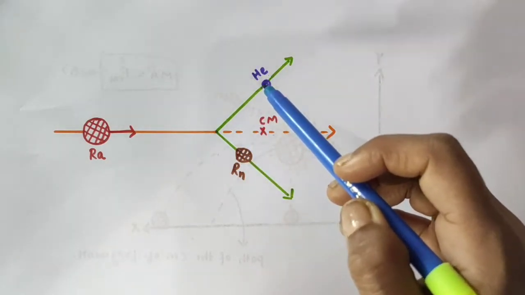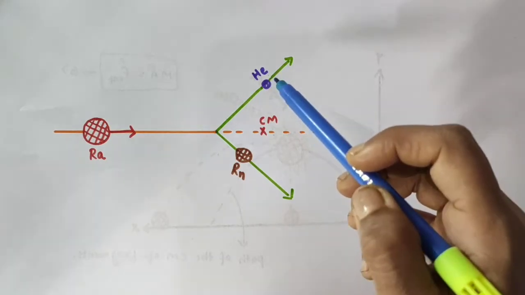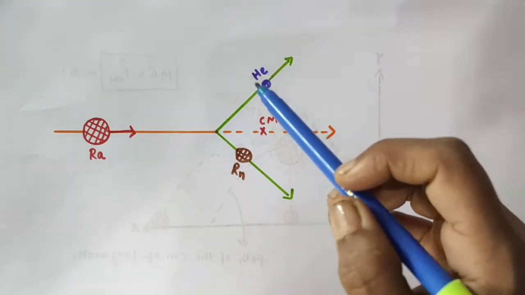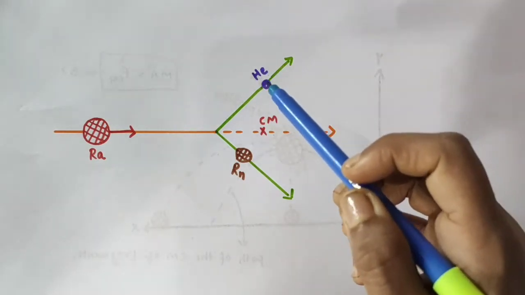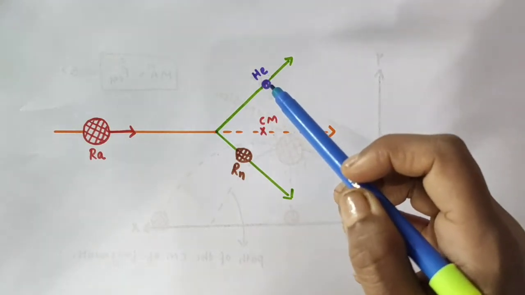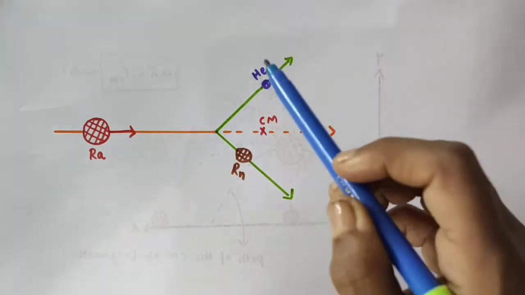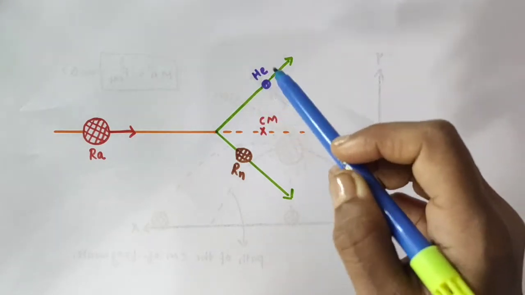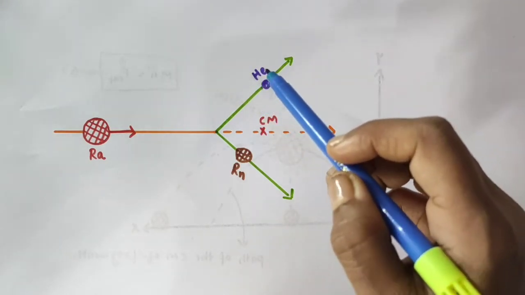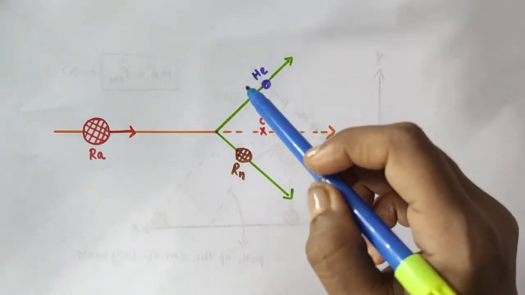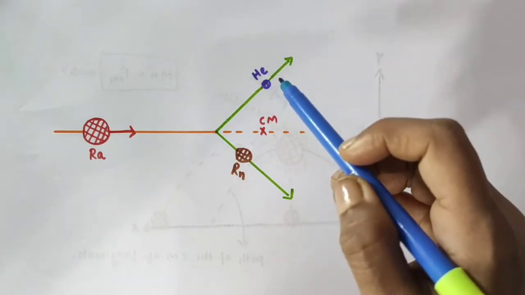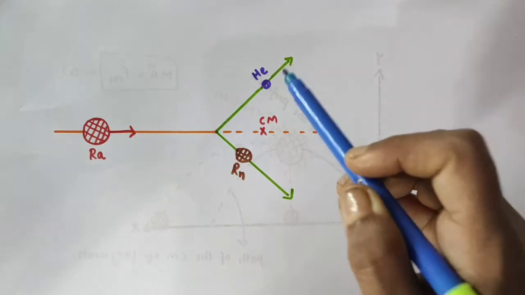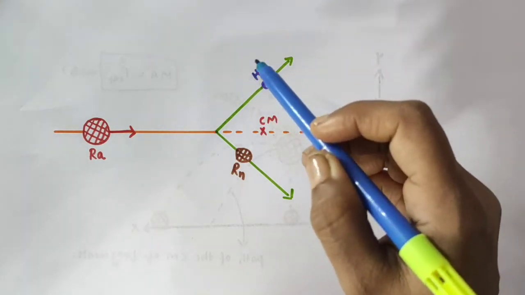The alpha particle is the same as the nucleus of a helium atom, containing 2 protons and 2 neutrons. That is why helium is written here. This is not a helium atom, this is an alpha particle.